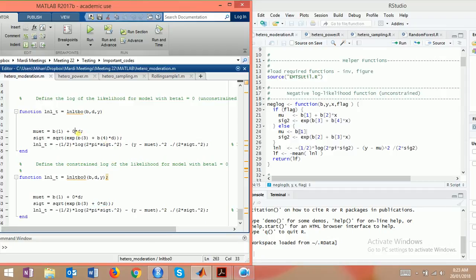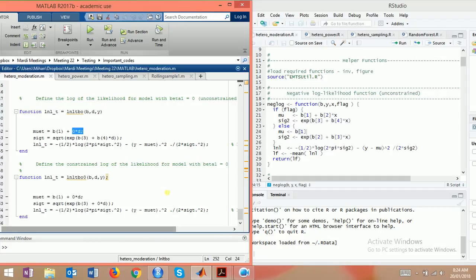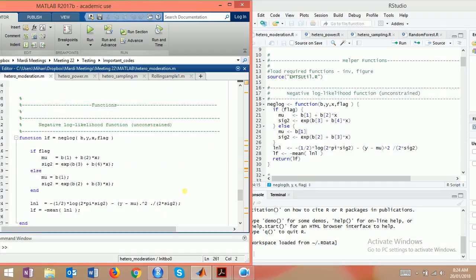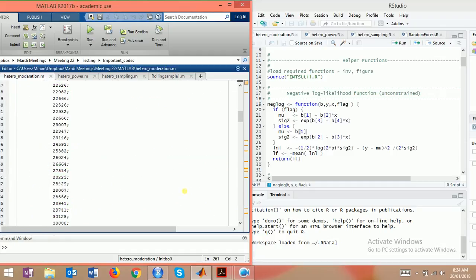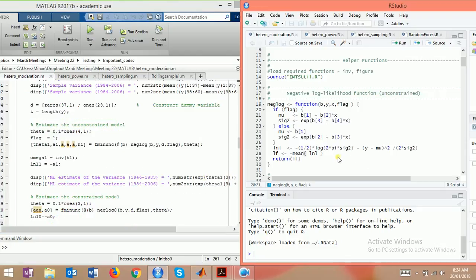So D's are for unconstrained, this is when D equals 0. In both cases D equals 0. Okay, constraint for beta 1 is 0, log likelihood at each observation. Okay, and then we do the regular maths. From the first housekeeping, estimate the unconstrained.